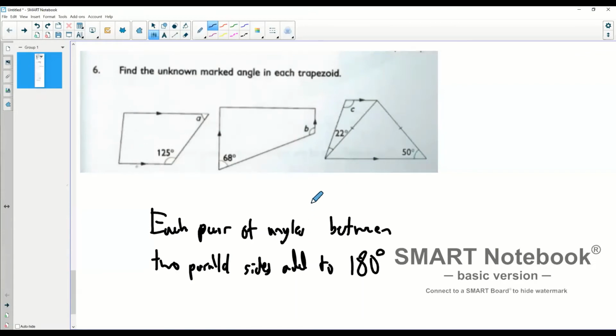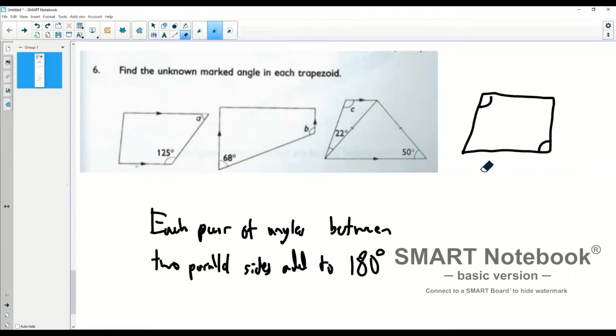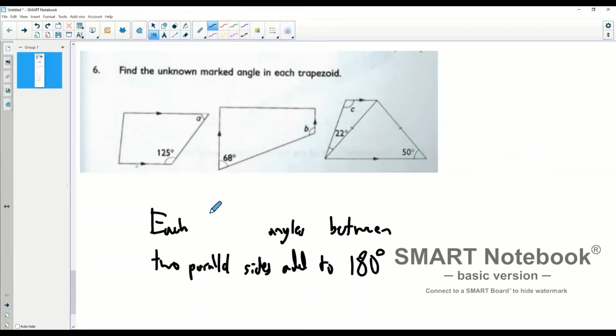that are between two parallel sides. Also keep in mind that in this trapezoid, for example, this angle here and this angle do not add up to 180. It's only consecutive angles. I should probably put that. I'll add a caret. Each pair of consecutive angles. So any pair of angles that's here and here.